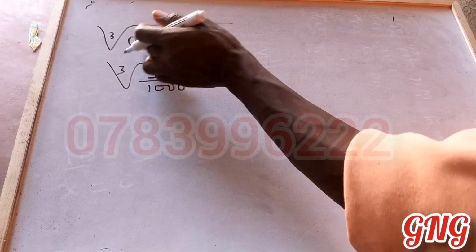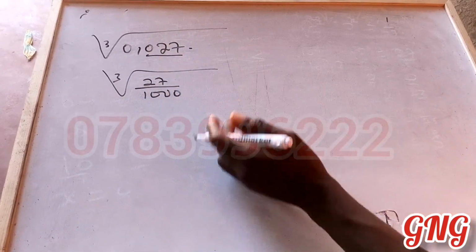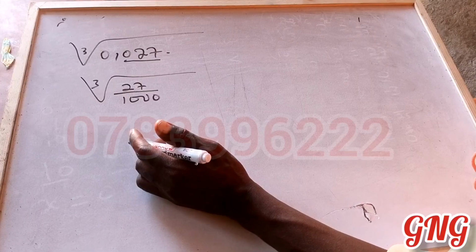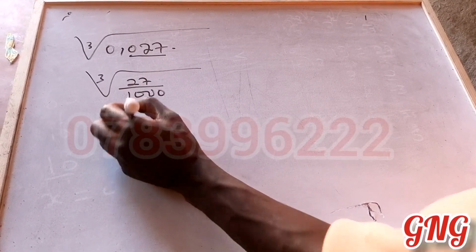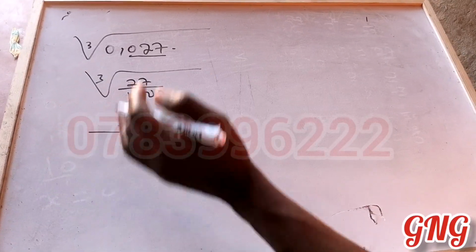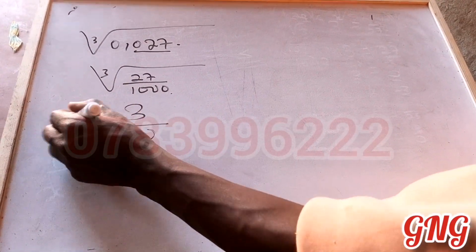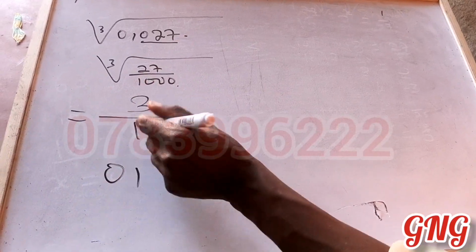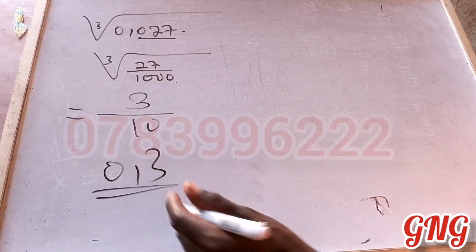This gives us 0.027. So what is the cube root of 27? That's 3. Right? What is the cube root of 1000? That's 10. 10 times 10 times 10 will get 1000. So this is the answer. If they want the answer in decimal, 3 over 10, that is 0.3. This will be the answer.